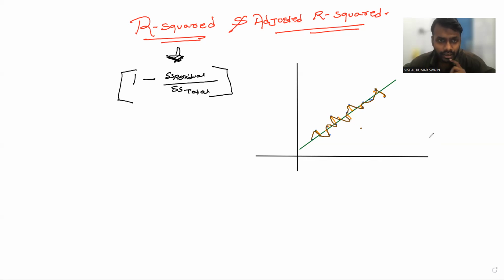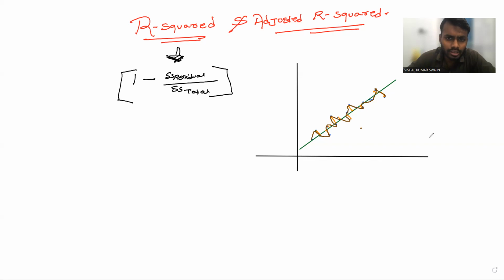Right? So for R squared, we have to calculate the sum of the square of the residual and the sum of the square of the total. So what is the sum of the square of the residual?